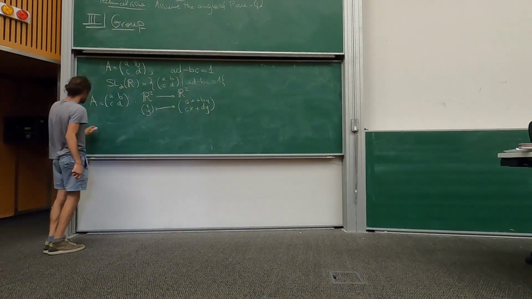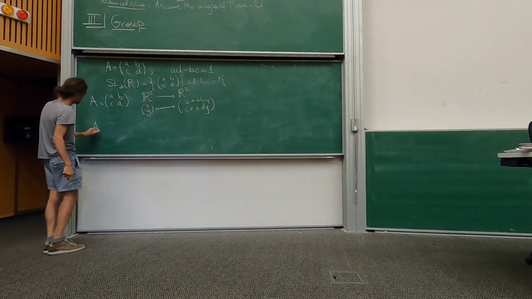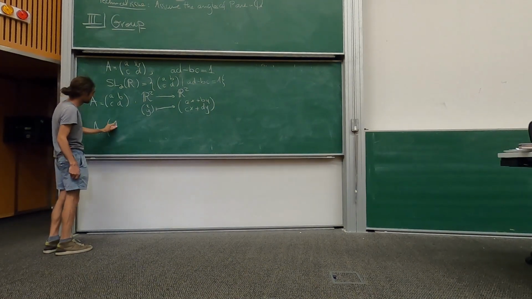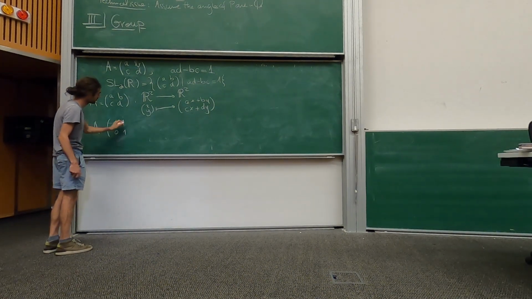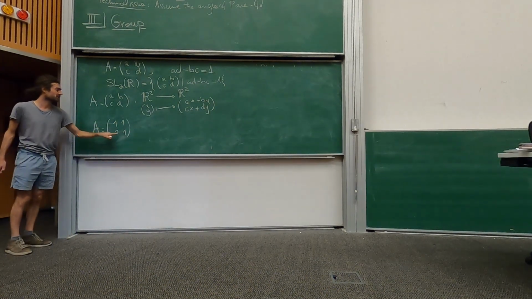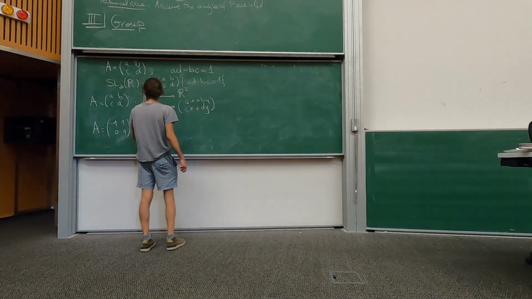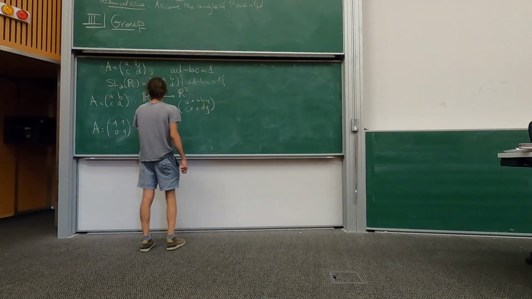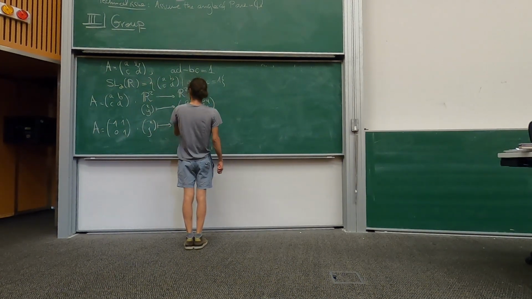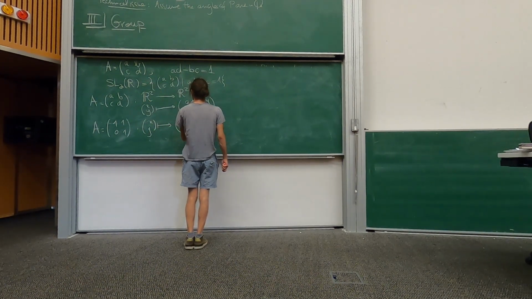So for example, my favorite example is this one, 1, 1, 1, 0. ad minus bc is 1. And so this is the map (x, y) maps to (x plus y, x).